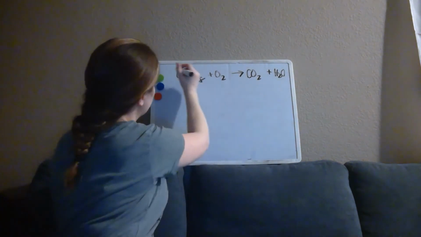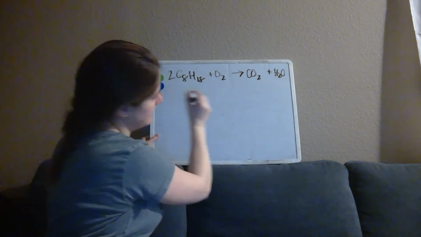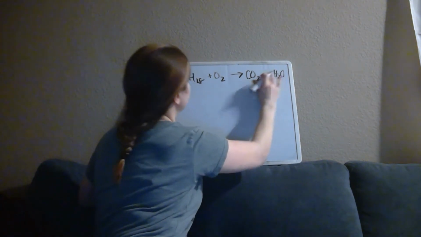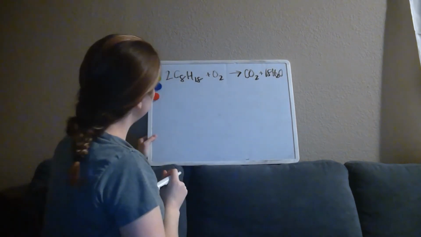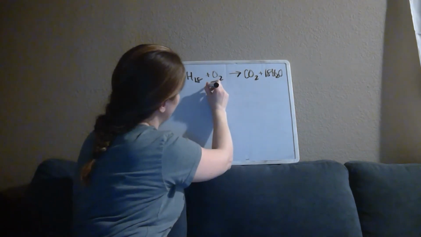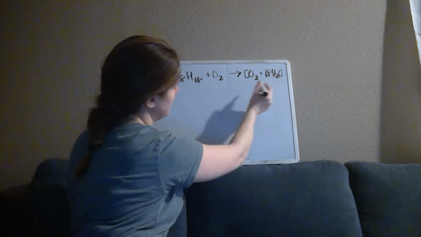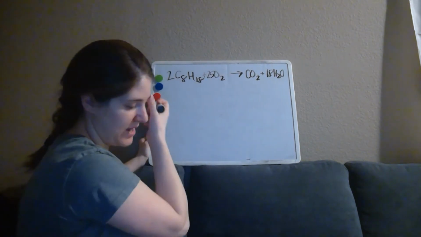So 8 carbons, so 8 there. Now we have 36 hydrogens. So we would put 9 there, sorry, plus 18, and that would get you to the 36. And then to have the right number of oxygen, which is 50 in this case, we would then put a 25 right there.